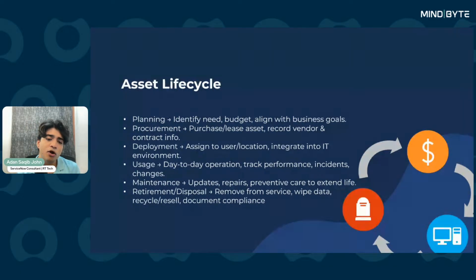After you deploy that asset comes the day-to-day operation of that asset. In this stage, you track the performance, any incidents and changes related to that asset, and also the reporting and performance analytics comes into this stage as well.